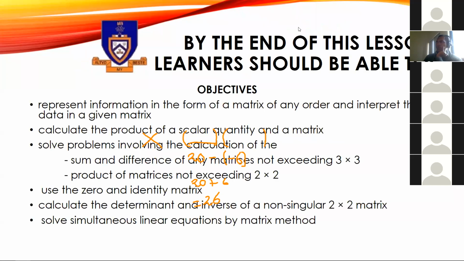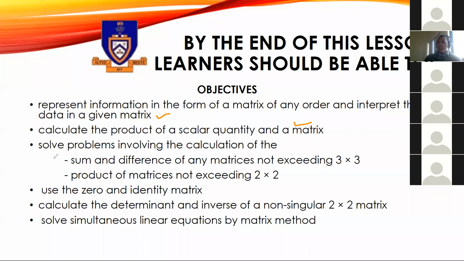Just want to go back to today's work so that you can see what we have covered so far. So represent information in matrix form of any order and interpret the data. Okay, we already did that. Calculate the product of a scalar quantity and a matrix. So matrix multiplication by a scalar, that we also did. Add and subtract matrices.